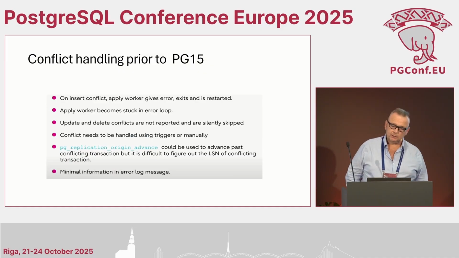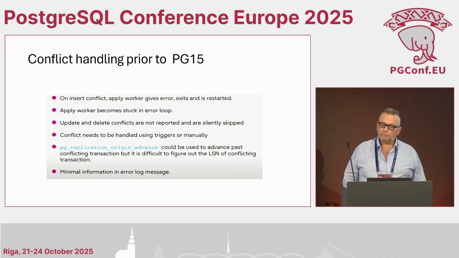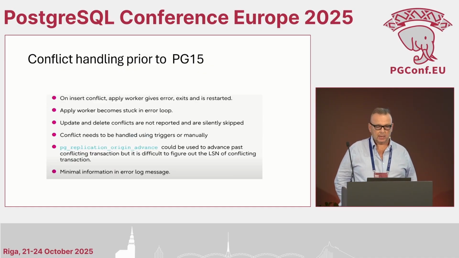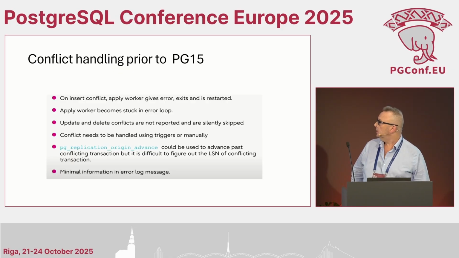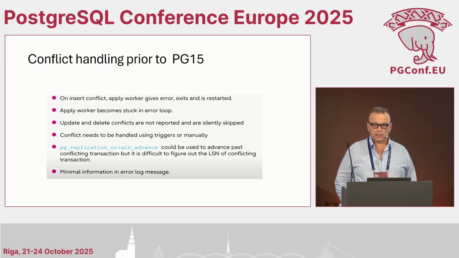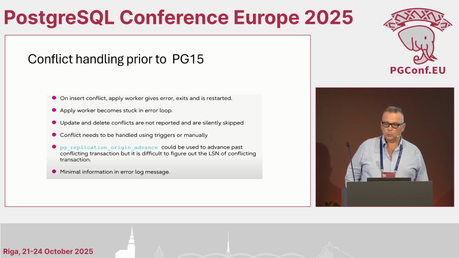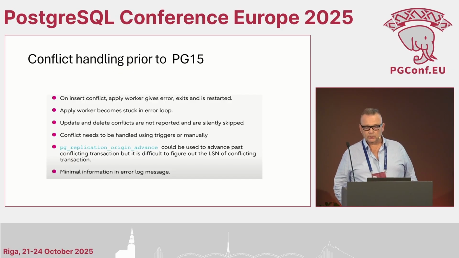Prior to Postgres 15, conflicts weren't handled very well. One of the major problems was that whenever there was a conflict, the apply worker exited, and the apply worker would start up again every few seconds and retry the same change, of course failing each time, in an infinite loop until you took some action.